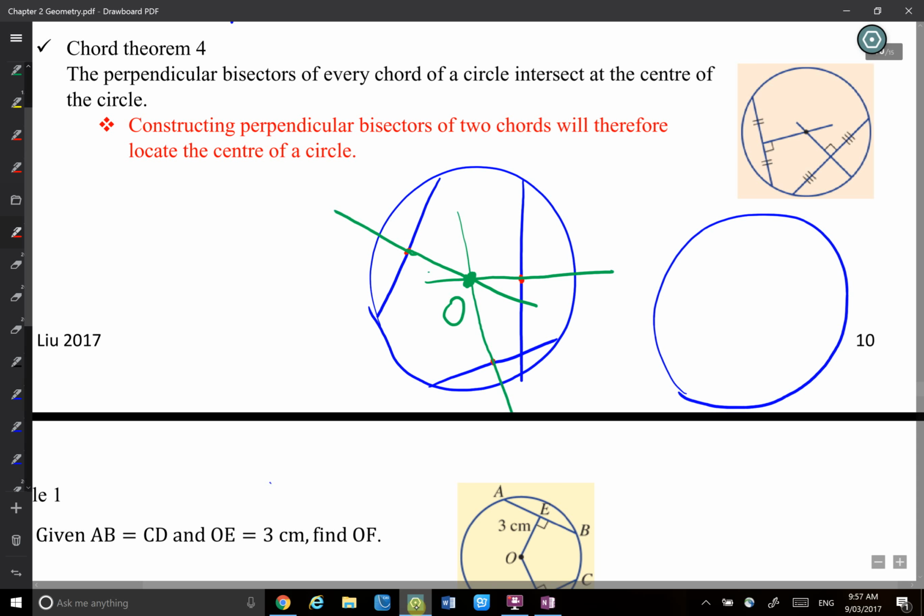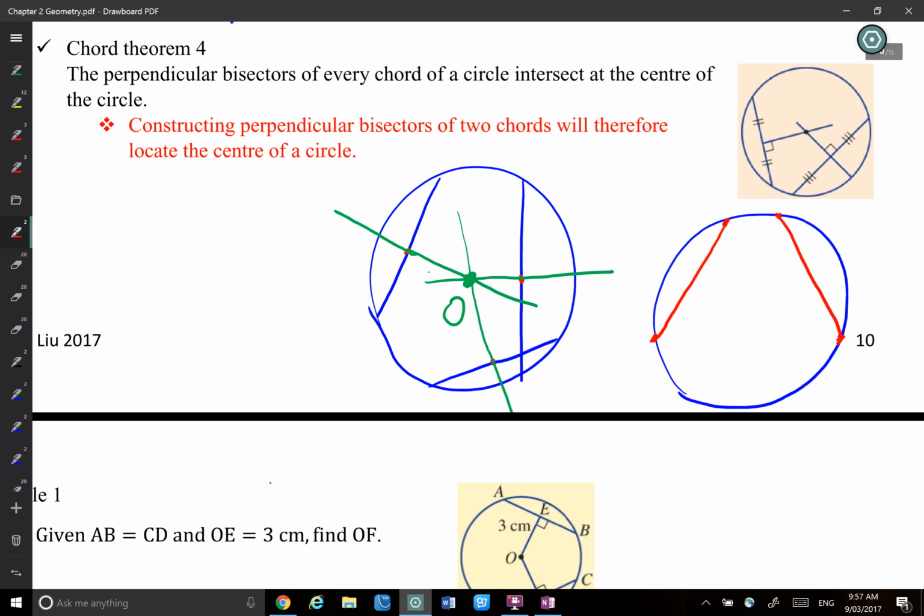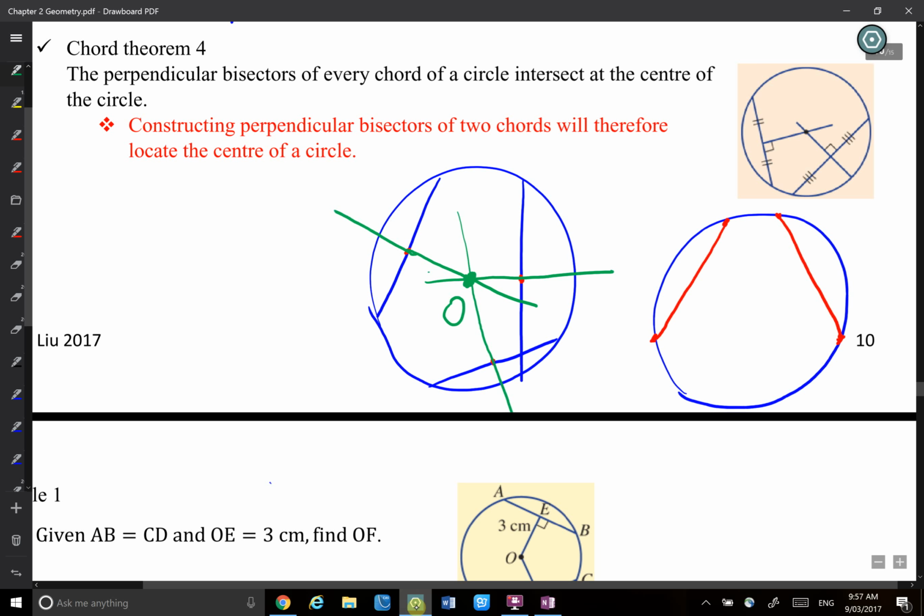So what we'll do is draw 2 chords, but those 2 chords cannot be parallel. If they're parallel, they give you the same line. So you draw 2 chords anywhere. The only thing is do not make them perpendicular to each other. Next, find the middle point of each.